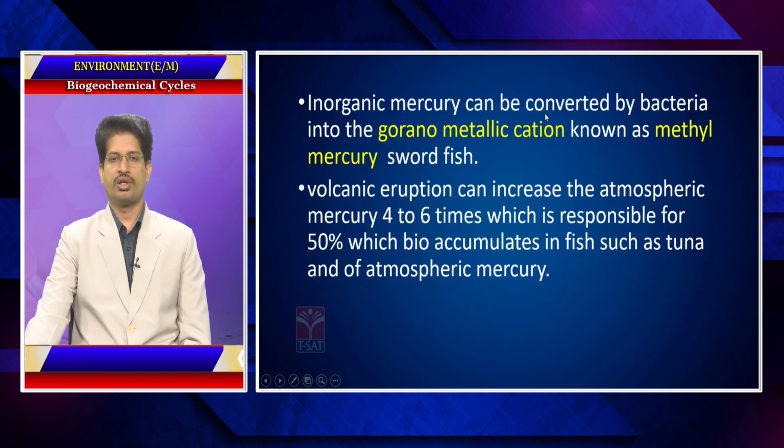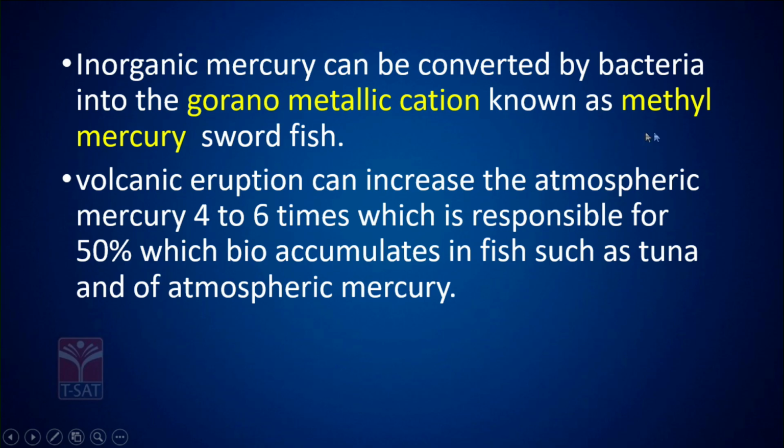Inorganic mercury can be converted by bacteria into a metallic cation known as methyl mercury. So it is converted into methyl mercury, a molecule, and enters living beings. So it exists in our body in the form of methyl mercury.